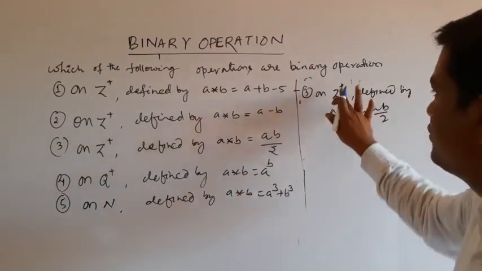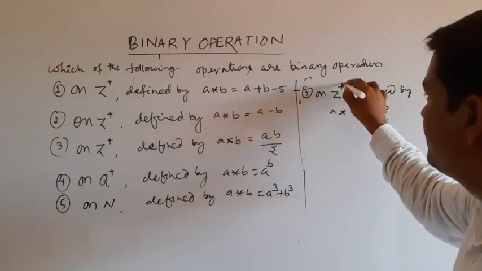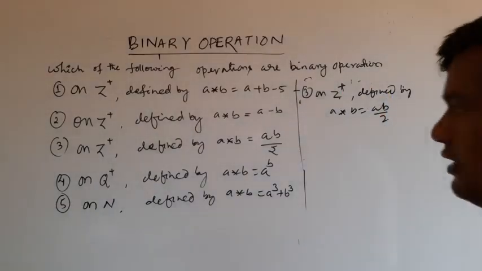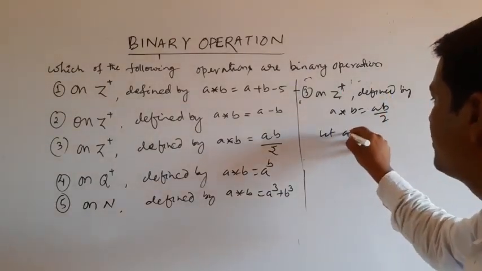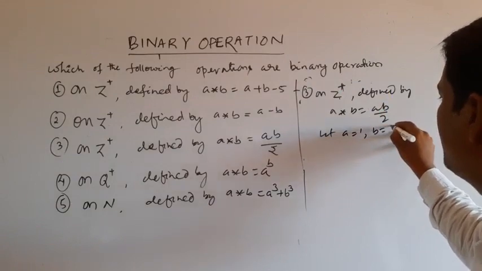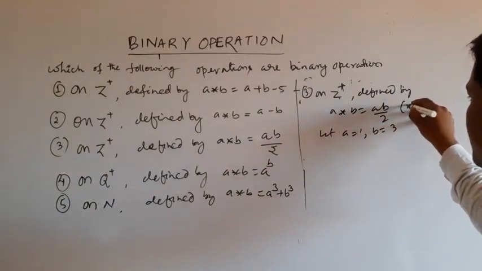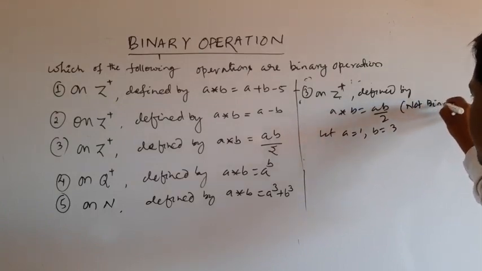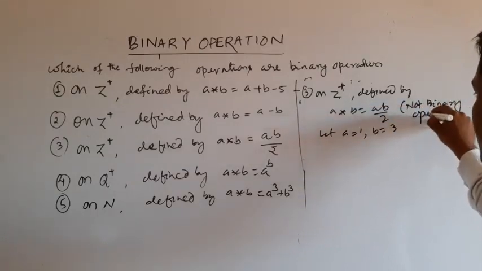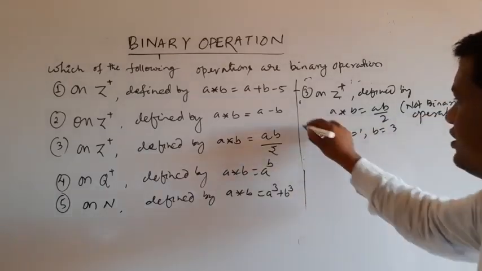Z plus means the set of positive integers. So let a be equal to 1, b equal to 3. What happens? This is not a binary operation.